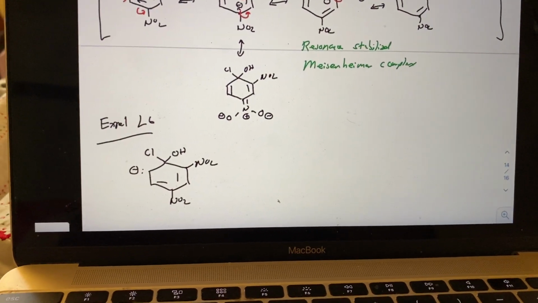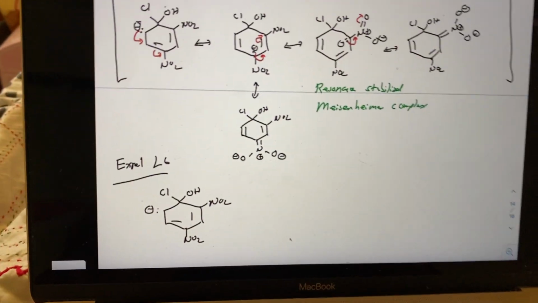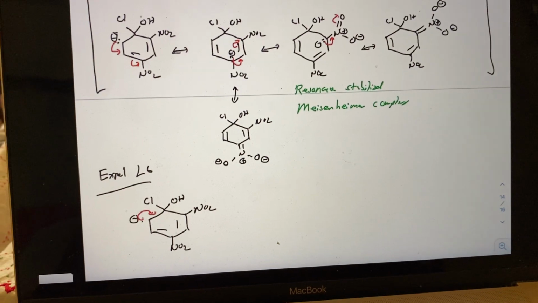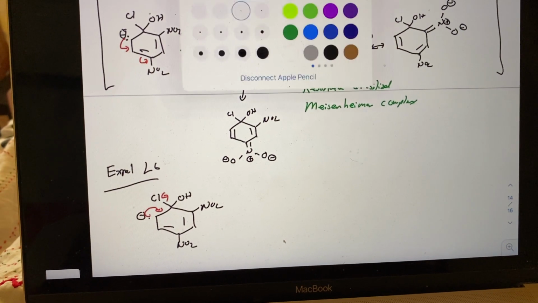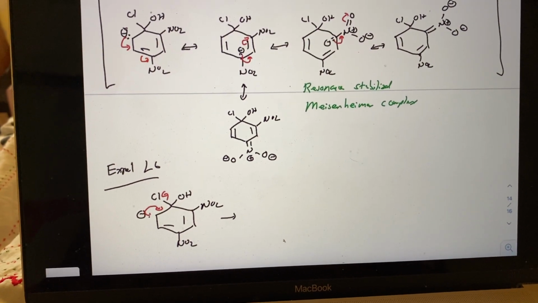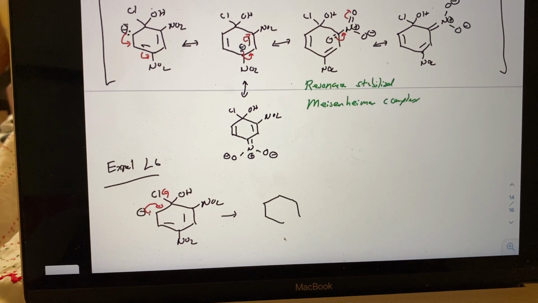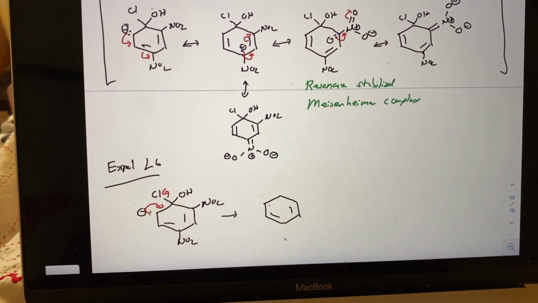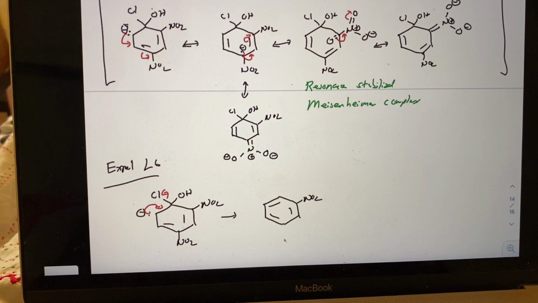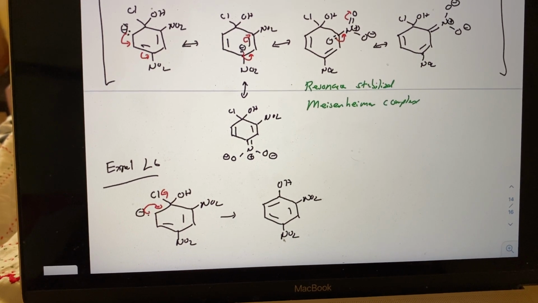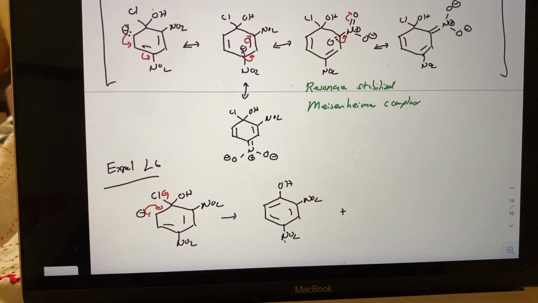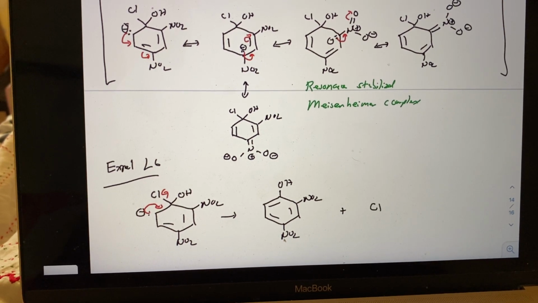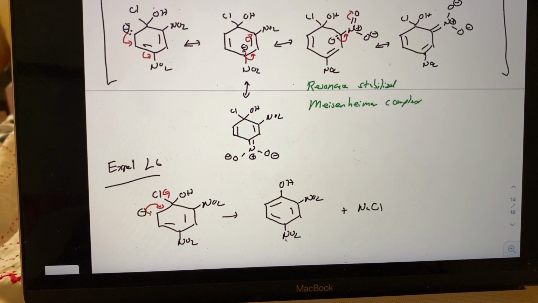Now we paid this energetic cost breaking aromaticity. We're going to get that energy back, kicking out our good leaving group. Restored aromaticity. And we have generated this, plus we lost our chloride. And we started off with sodium hydroxide, so we end up with sodium chloride.